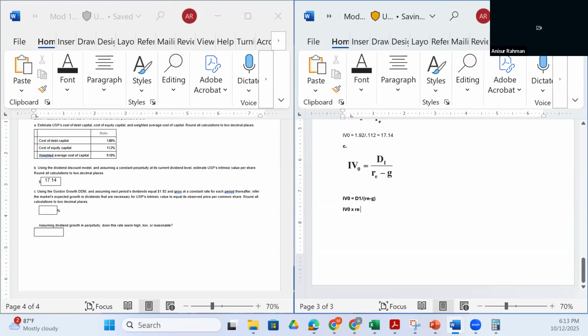So RE minus intrinsic value G. So we are trying to isolate the G, right? So now we are going to take this part with G to the right-hand side. And then we are going to bring this D1 to the left-hand side.